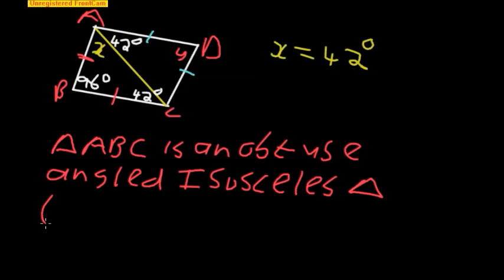So what's our reason? Angle ABC is greater than 90 degrees, so that's for the obtuse part.